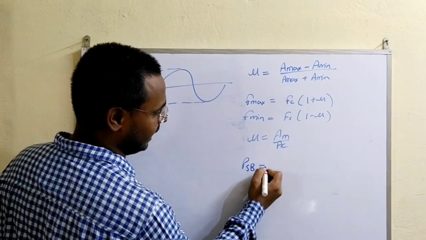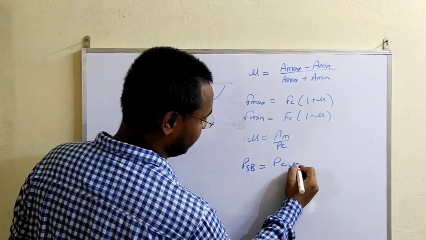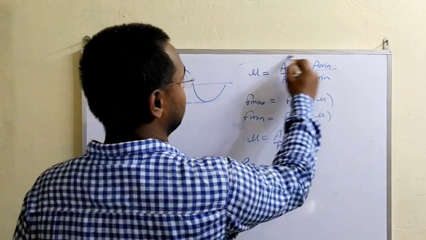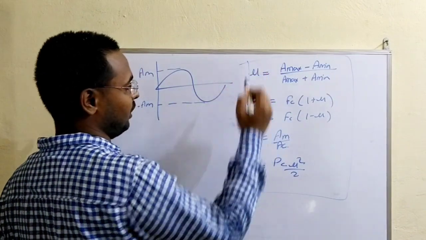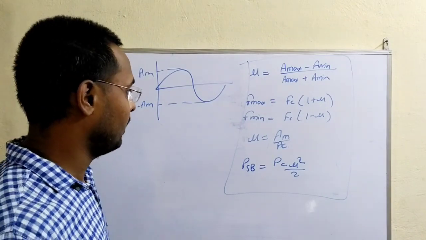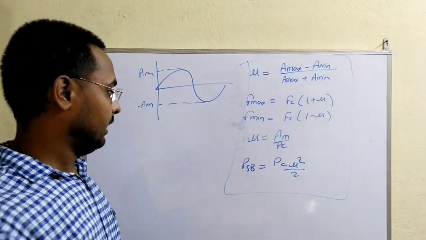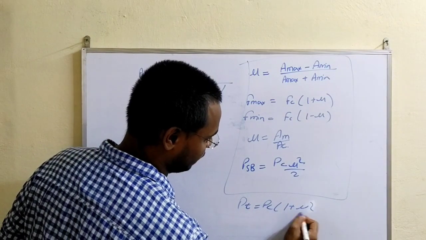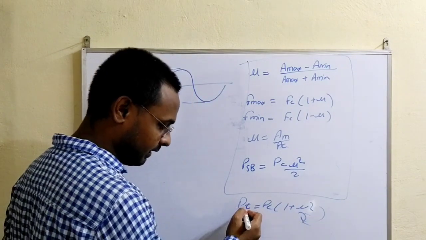And the power of the sideband is Pc mu square by 2. This is another set of formulas you have to remember. I told you about Pt is equal to Pc(1 plus mu square by 2). This is the transmitter power.